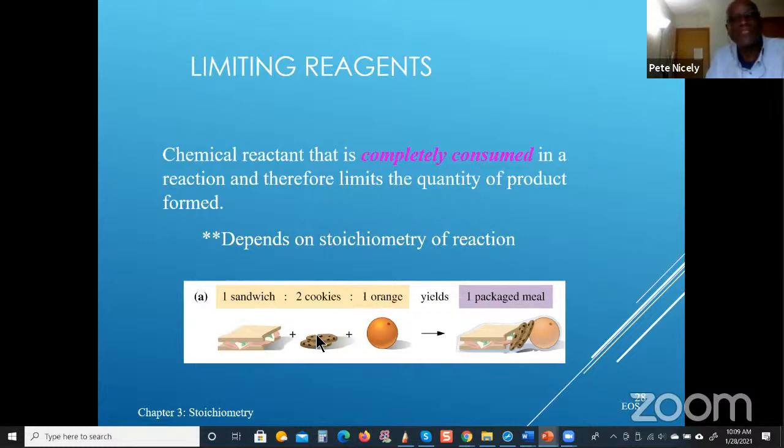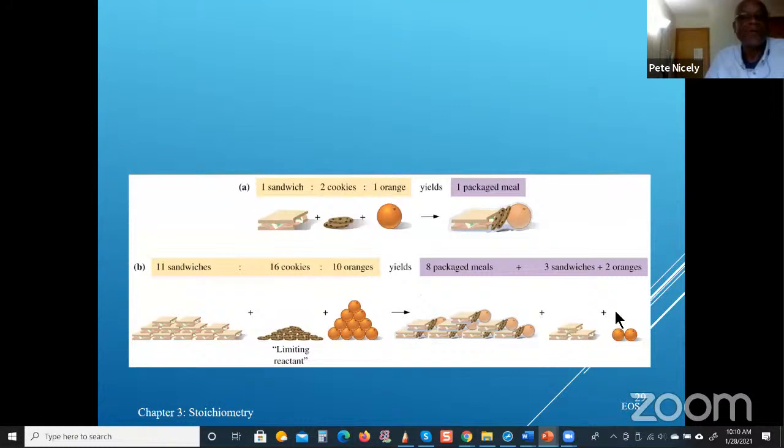You're going to need 1 sandwich, 2 cookies, and 1 orange. So we can represent this in the form of a chemical equation, even though this is not really a chemistry example. Then what would be the outcome if you have at hand 11 sandwiches, 16 cookies, and 10 oranges?